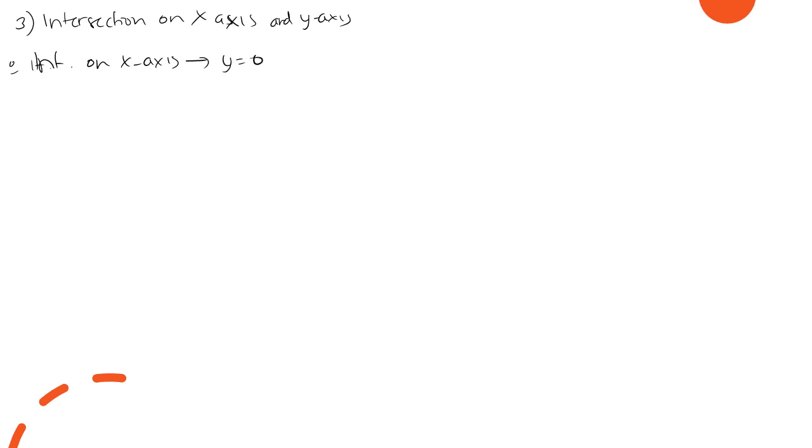So the third step is to find the intersection on the x-axis and the intersection on the y-axis. This is the same as with the linear function. For the intersection on the x-axis, you have to put y equal to 0.